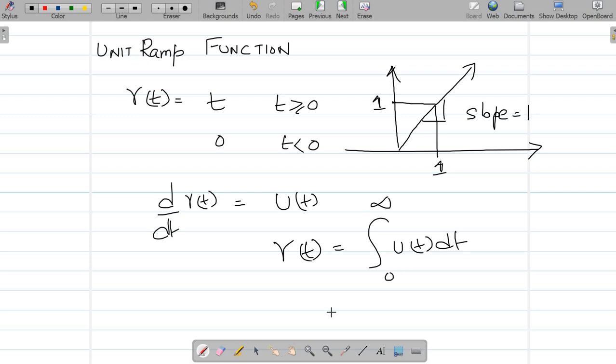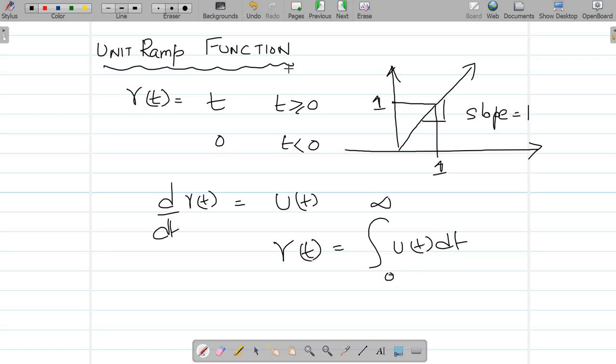So why 0? Because the signal does not exist before t is equal to 0. The signal actually exists only after t is equal to 0. That is the reason why the lower limit happens to be 0. So this is something about the unit ramp function.